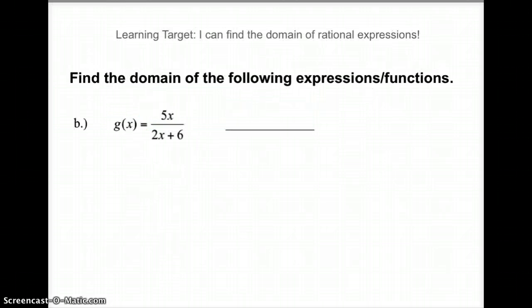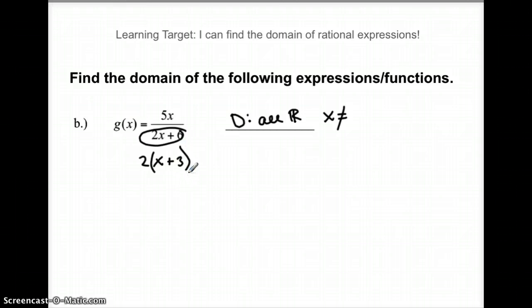Alright, let's try another one. Woo! This guy. Okay, so the domain. Everything would work except what can't x be? Well, let's see here. I could factor this guy, like we just got done talking about. They have a 2 in common. And so, let's see. 2 and a 3, right?